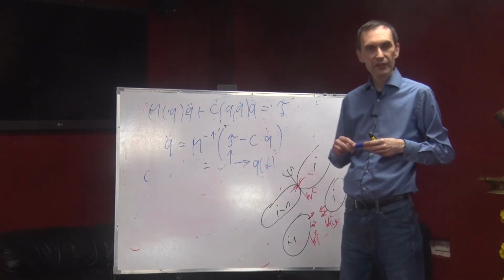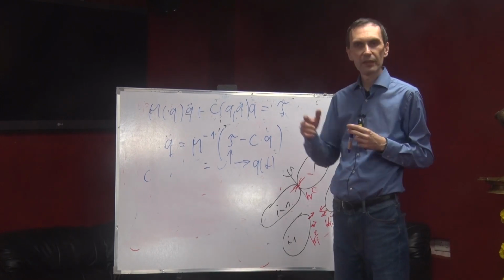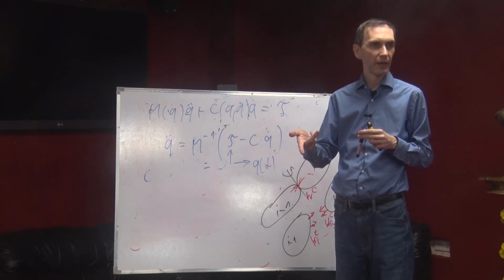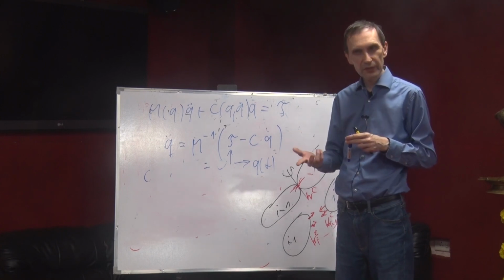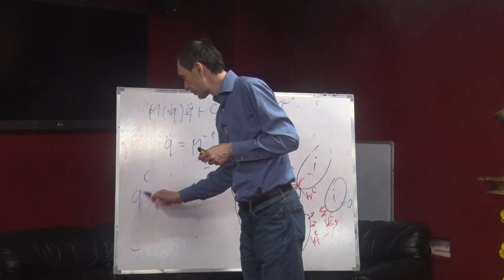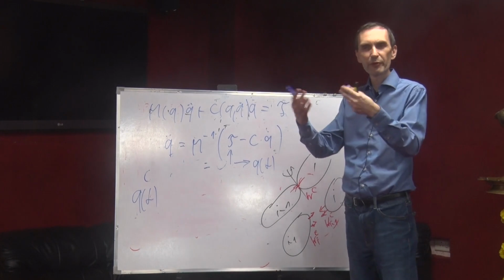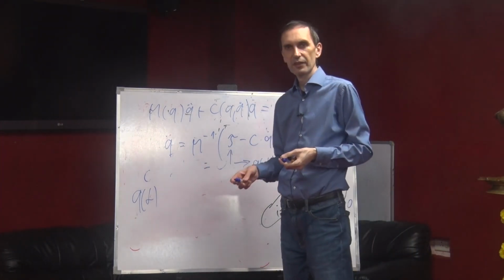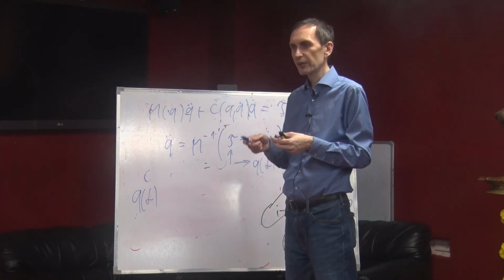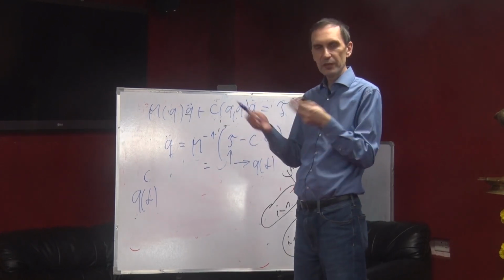In robotics, very often we are interested in the inverse problem, which is called the inverse dynamics. I give you a motion, q of t, which is the one I would like to achieve. So for example, for a robot, I say the joint has to move like this and this and that, because you did some path planning.